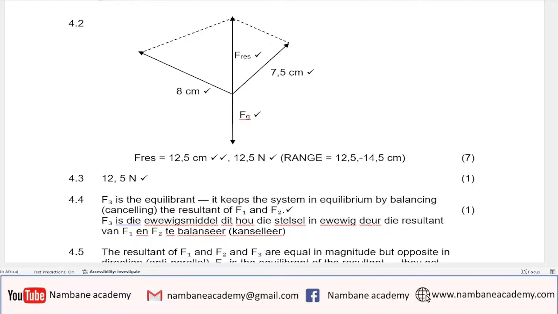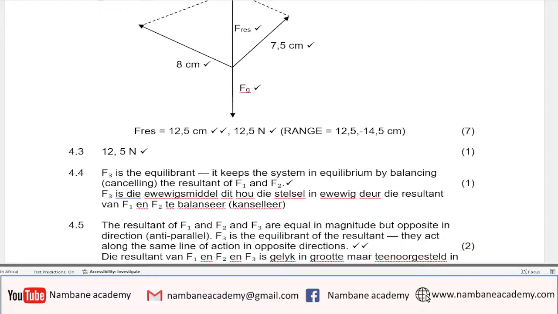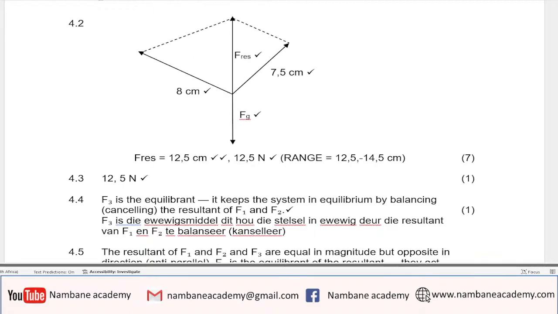At the bottom, it's written that the resultant should be approximately 12.5 centimeter, so it will range between 12.5 and 14.5 centimeter. 1 mark for the resultant, 1 mark for the length 8 centimeter, 1 mark for the length 7.5 centimeter, 1 mark for the FG, 2 marks for the accurate F resultant, 12.5 centimeter, and also the 12.5 Newtons written there.